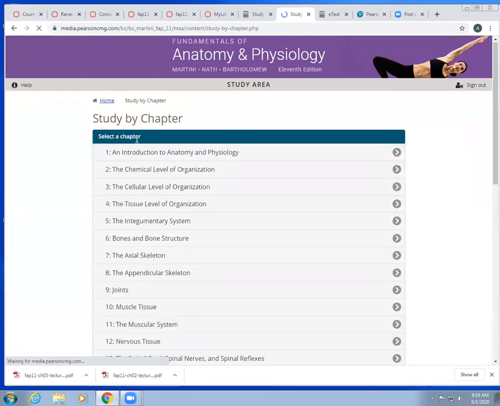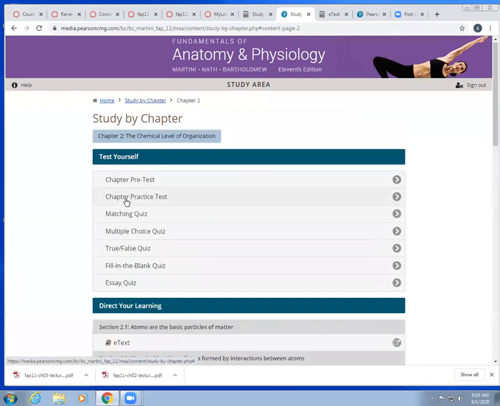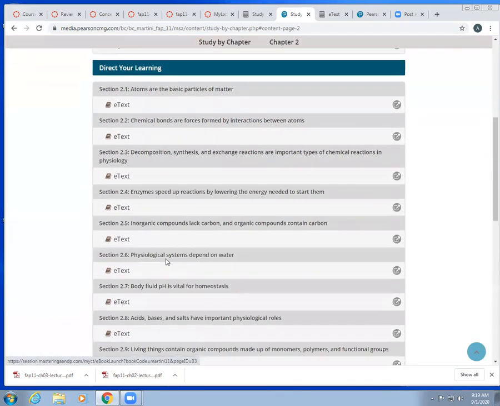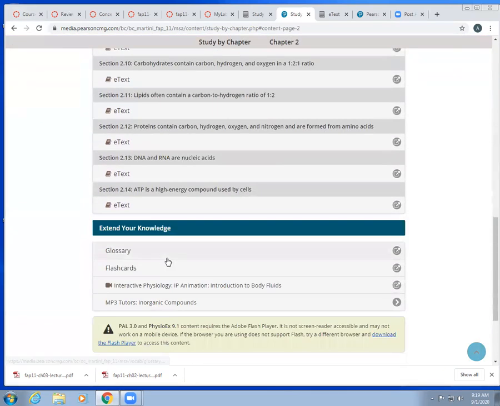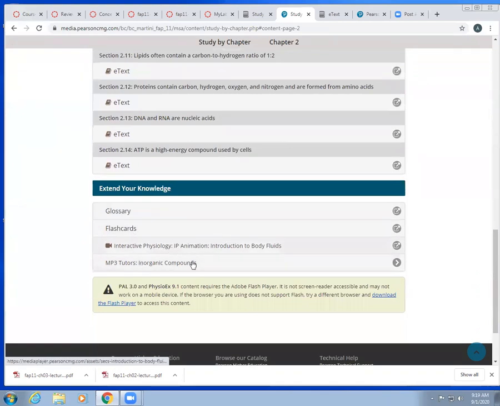Study by chapter. So chapter 2, you've got practice tests, pre-tests, matching, multiple choice, true/false, fill in the blank, essay quiz, the different sections of the e-text, glossary, flashcards, some animations, and MP3s to listen to. So you have those resources in addition to what's in Canvas.